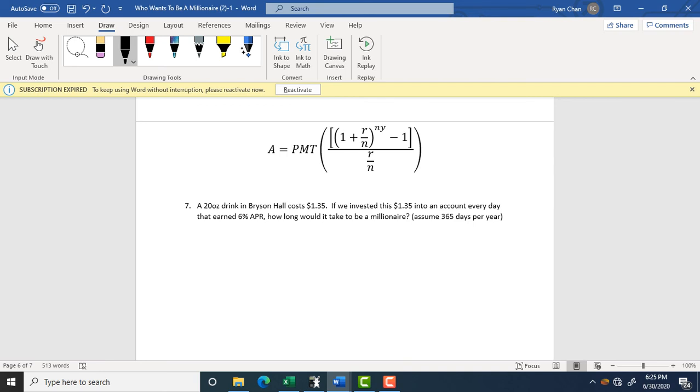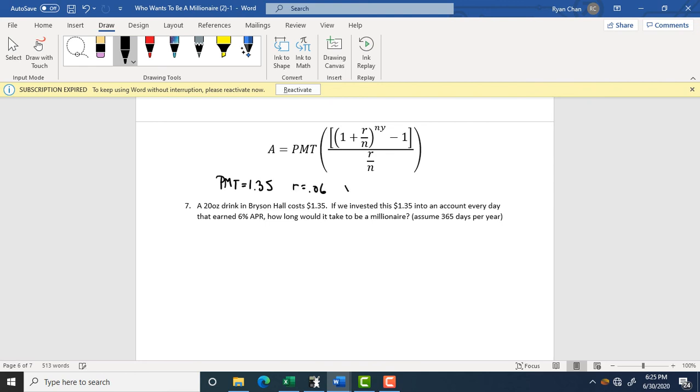Okay, so let's talk about this here. A 20-ounce drink in Bryson Hall costs $1.35. So my PMT is $1.35. My R is 0.06.